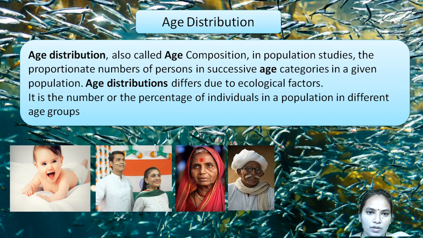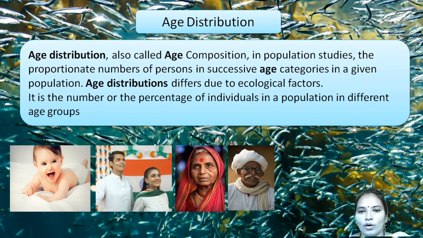Age distribution. The age distribution is also called the age composition. In population studies, the proportionate number of persons in successive age categories in a given population is called the age distribution. The age distribution also differs due to ecological factors.